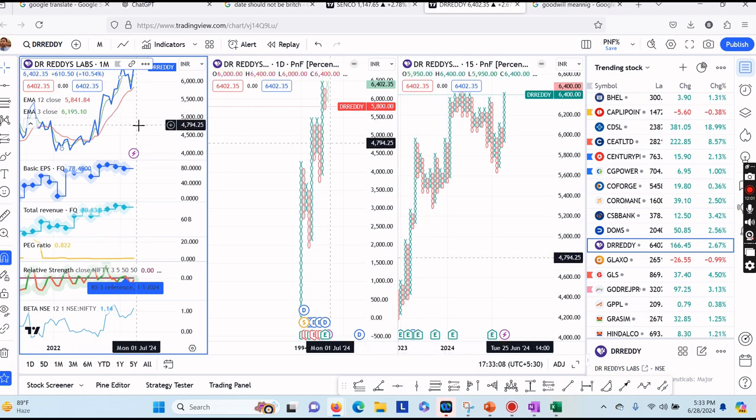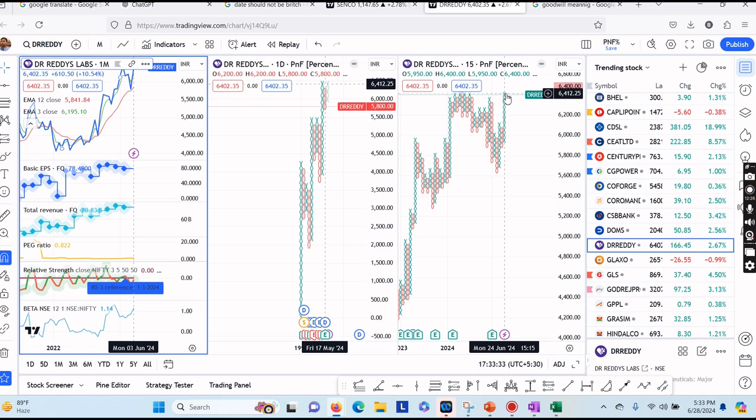Yes, this stock has a chance to give. I think this is Dr. Reddy. Pharma sector is performing well, and it has some good valuation compared to other sectors.